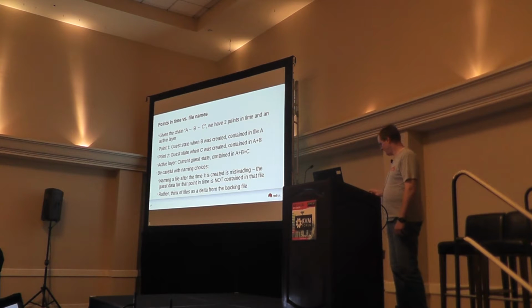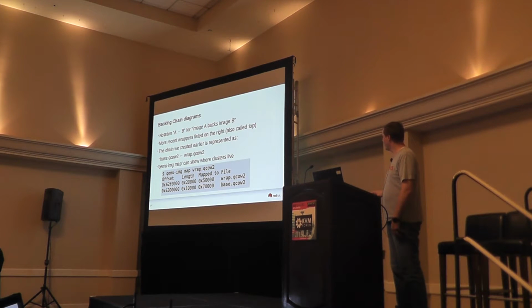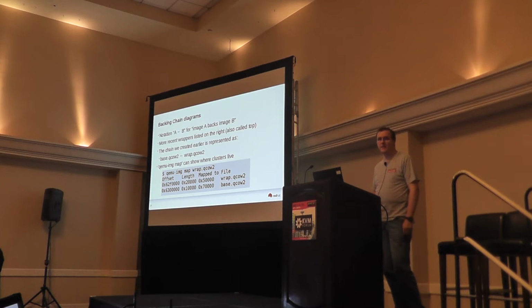So with my earlier file, we had three sectors allocated: two sectors that were written, from wrap.qcow2 found at this offset, and a third sector that we read from base.qcow2 at a different offset, all at the offsets that the guest would see them. And if it's not listed in the map, then you can assume the clusters read as 0.